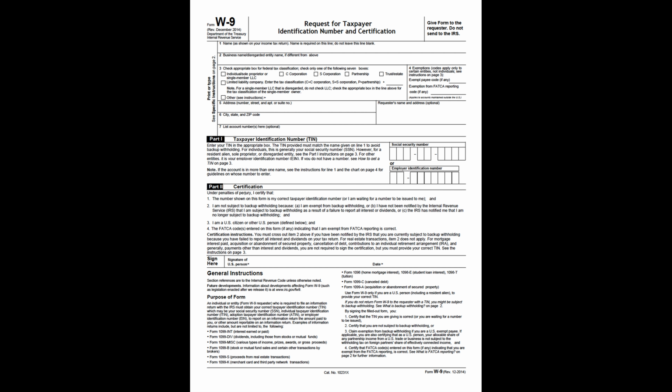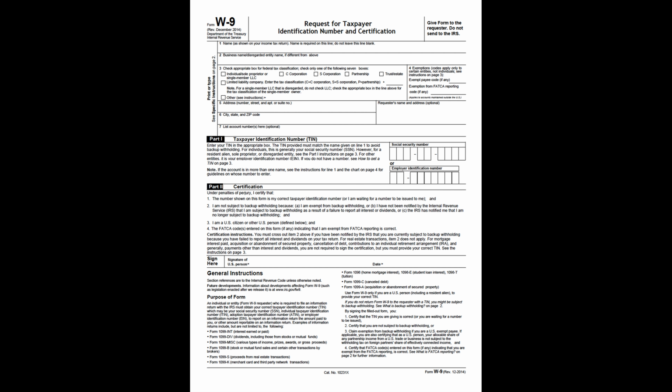Part 1, Taxpayer Identification Number, TIN. Enter your TIN in the appropriate box. The TIN provided must match the name given on line 1 to avoid backup withholding. For individuals, this is generally your Social Security number, SSN. However, for a resident alien, sole proprietor, or disregarded entity, see the Part I instructions on page 3.